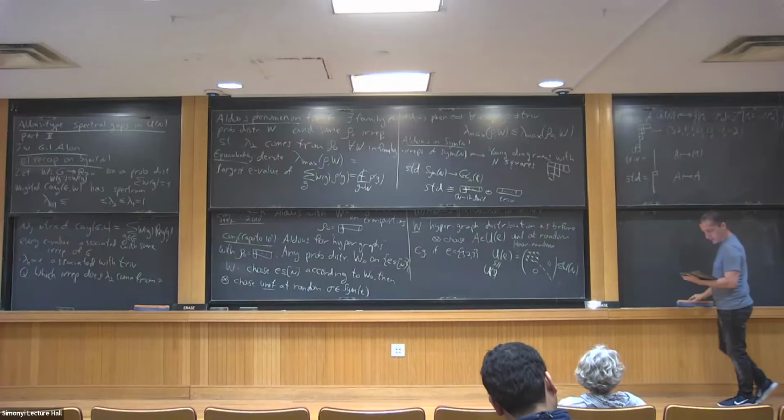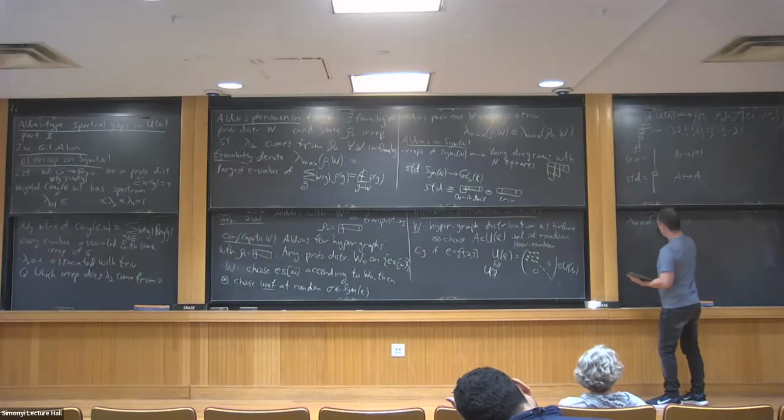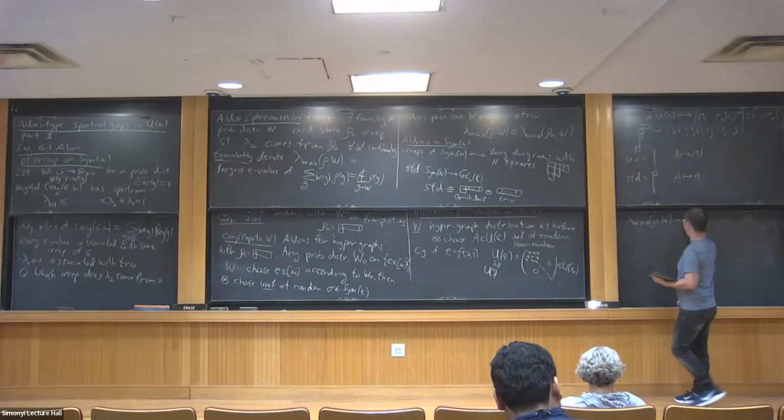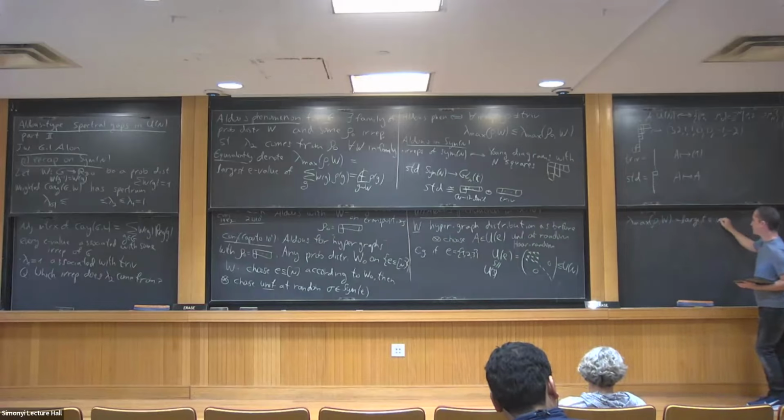And as before, I'm going to write it again. Lambda max of rho and W is the same as just the largest eigenvalue.